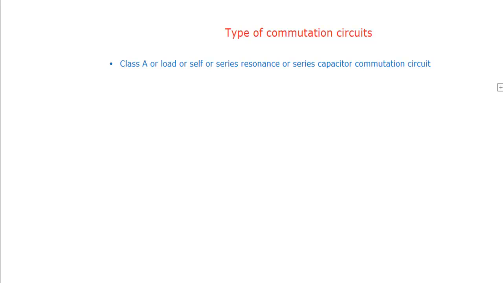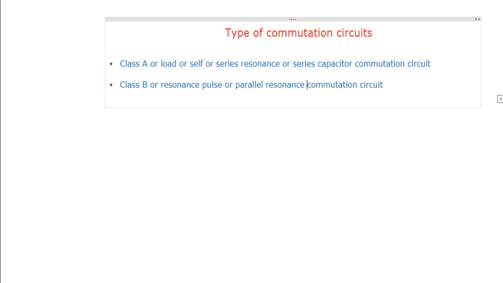The first one is class A, or load, or self, or series resonance, or series capacitance commutation circuit. Most of the time we'll call it a load or self commutation circuit. This type of circuit is used in series inverters. Then class B, or resonance pulse, or parallel resonance commutation circuit.